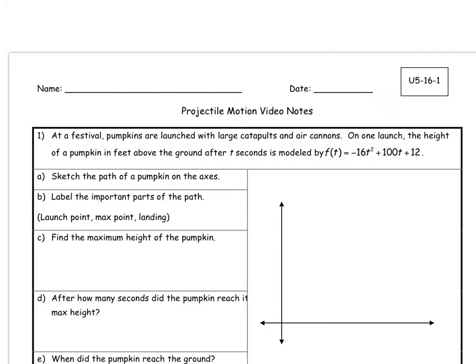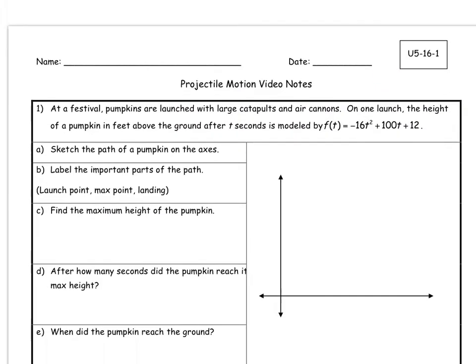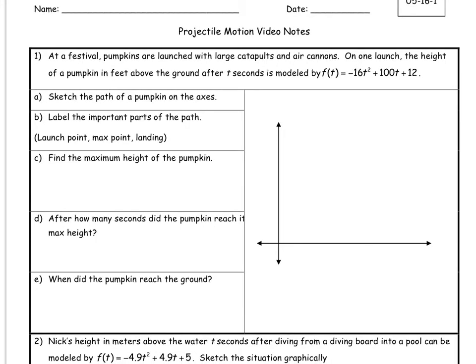So the first word problem we're going to take a look at is, at a festival, pumpkins are launched with catapults and air cannons. On one launch, the height of a pumpkin in feet above the ground after t seconds is modeled by this function right here. And so for these types of word problems, you're going to get the function. We're not going to ask you to write the function. So what two things are we measuring? We are measuring the height of the pumpkin, which is our y-axis, and the height's being measured in feet.